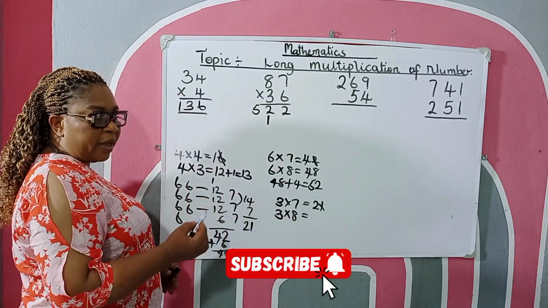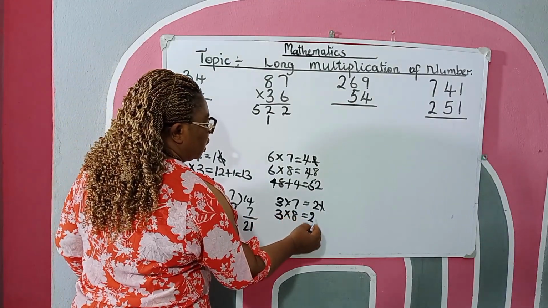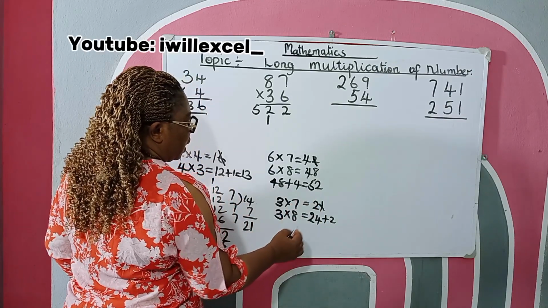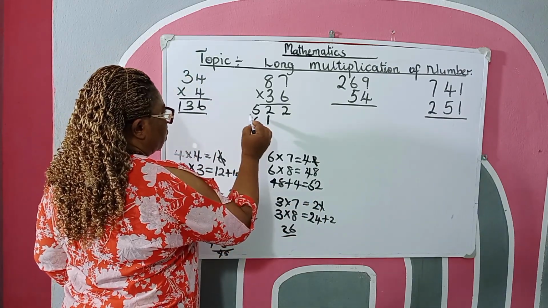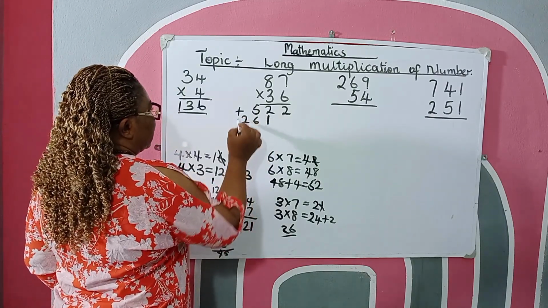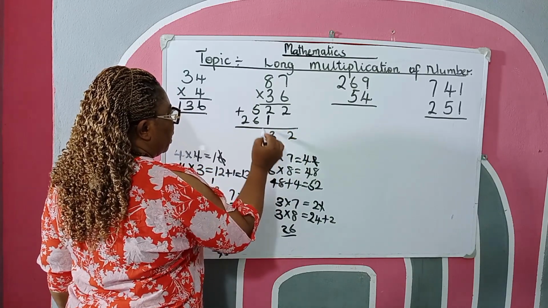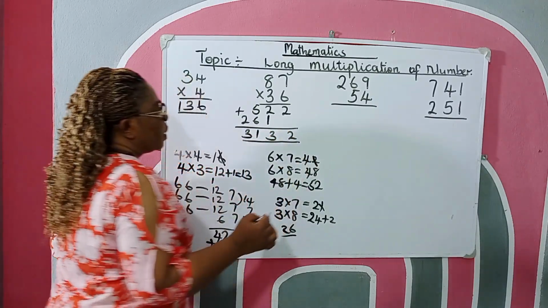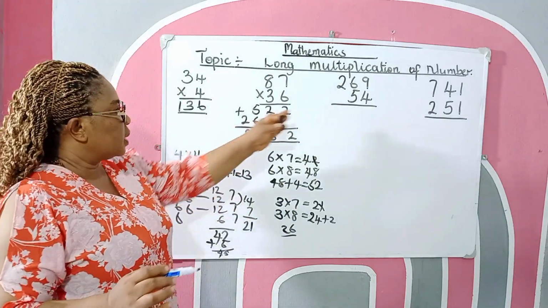If you check it the way we normally check it, you get 24. So 24 plus these two will give us 26. And I write 26, then I add this down to 3, 11, 3. This is the answer for this one. Very simple. Okay, let's get to this one.